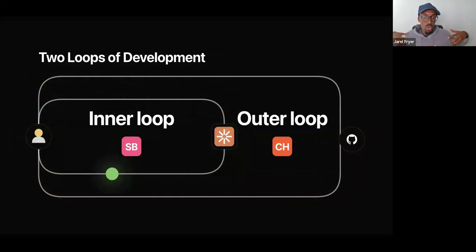And then when you're going into CI, and the outer loop, you want to ensure there's no regressions at that point. That's what Chromatic is. You've got this local development loop, and then you've got this loop of CI where you're really just trying to make sure there's no regressions, whether that's visual, accessibility, or interaction tests.